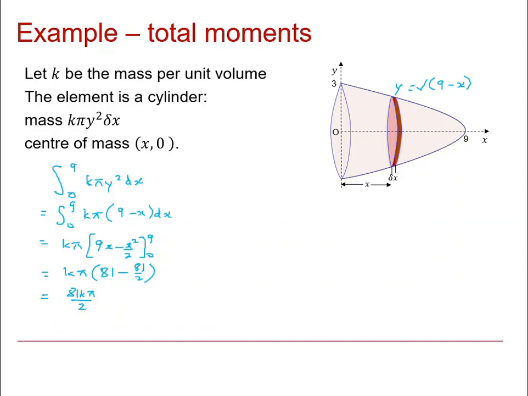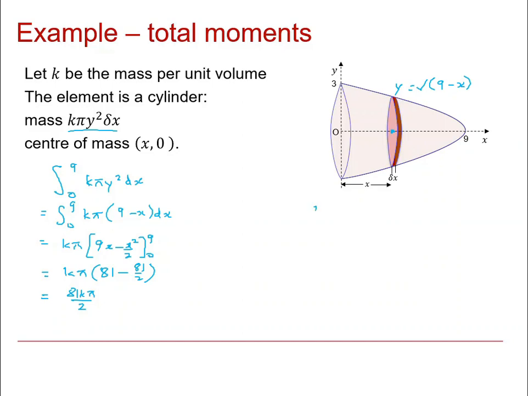Now you'll remember that if you're calculating the centre of mass, you do it by saying the total mass times the centre of mass coordinate is equal to the sum of the elemental contributions to the moment. So now we need to ask, having got the mass of the element, what's its moment? Now if we replace the disk by a particle at its centre of mass, we're essentially saying what's the moment of a particle with mass, that expression, at a distance x from the y-axis.